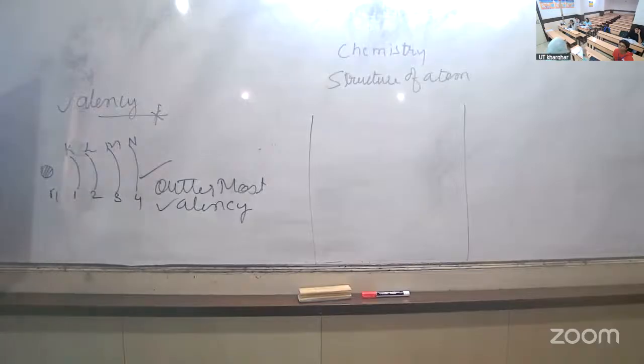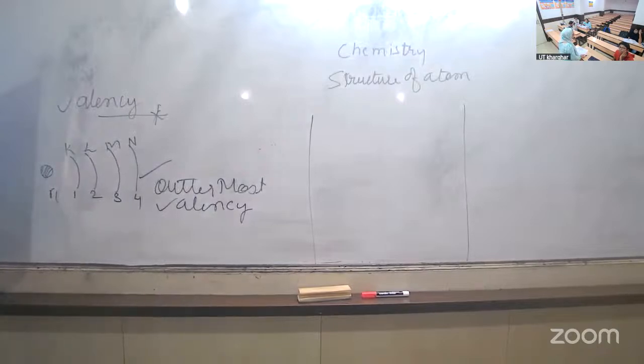Normally this question is asked. Let me give you an element, for example, argon. Argon is chemically inert. Explain, give reason: why is it chemically inert? First start with the atomic number. Argon is 18. So the atomic number is 18.